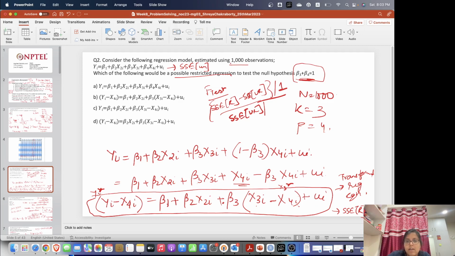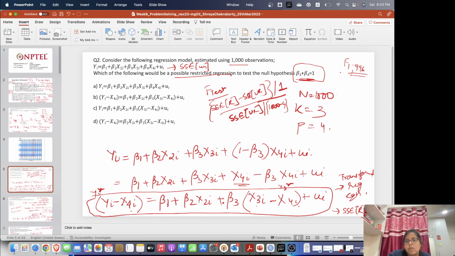So here we have 1000 observations, right? And how many are we estimating from this unrestricted model? 1, 2, 3, 4. So we'll take 1000 minus 4 here. This will be the test statistic, and the f critical will be f(1, 996).